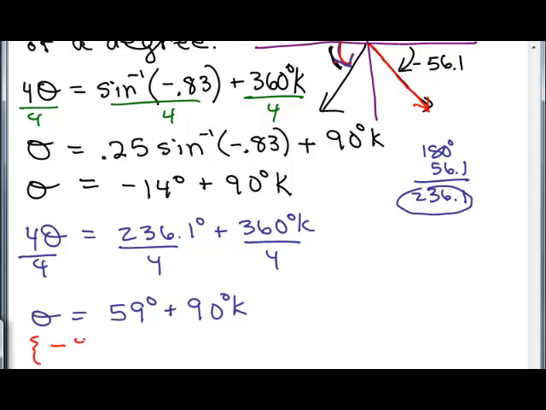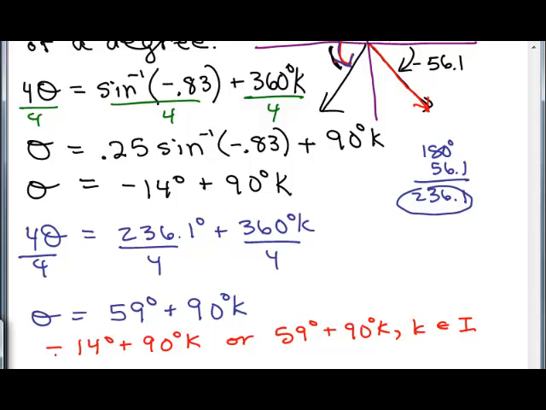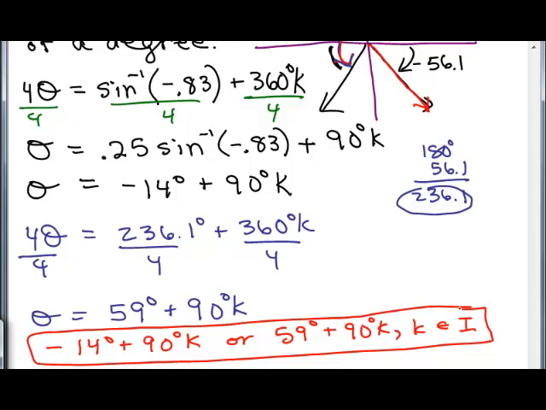It's either negative 14 degrees plus 90 degrees K, or 59 degrees plus 90 degrees K, where K is an integer. And it's okay to have negative 14 degrees because it didn't say I was going in between 0 and 360 degrees. So that's okay to leave your answer in this form.